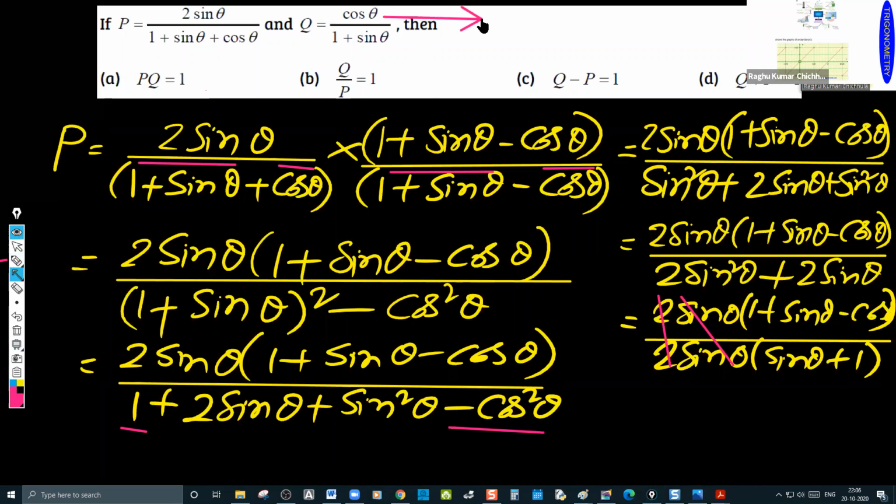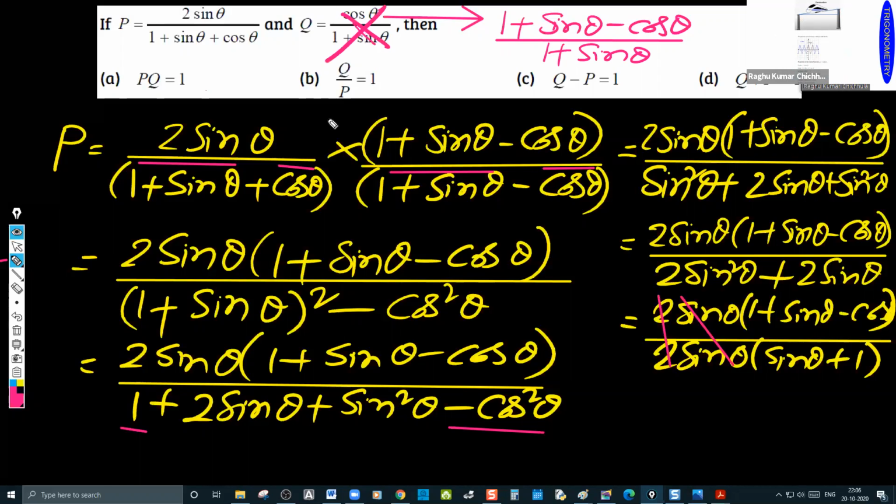The numerator must be 1 plus sin theta minus cos theta, whole divided by 1 plus sin theta. This should be your Q, please. Not this. Then what happens in this case?